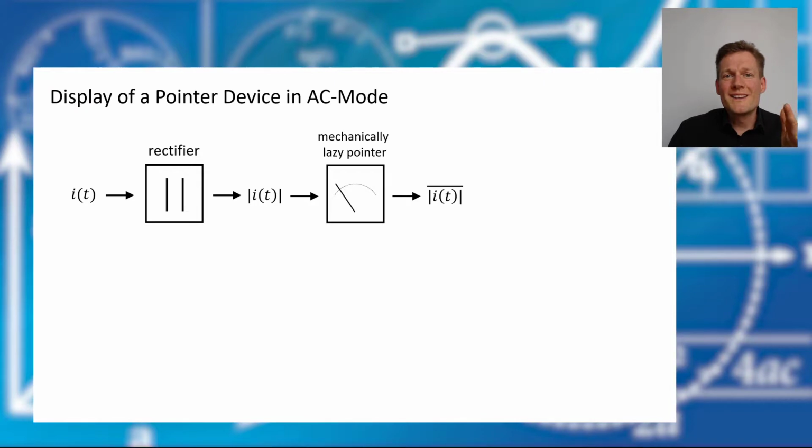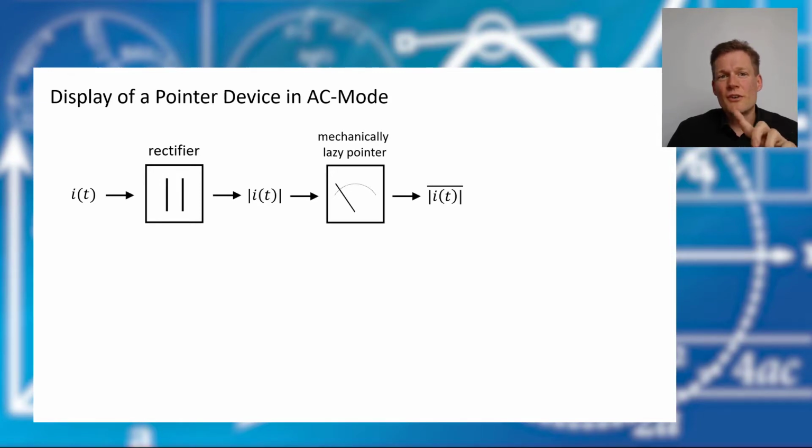But now we are not interested in this rectified value, and that is what our pointer shows from a physical point of view, but we want to read the RMS value. And what we could do is, we are free in what we write on the scale of the pointer device.